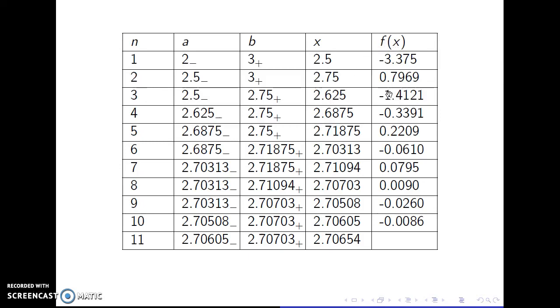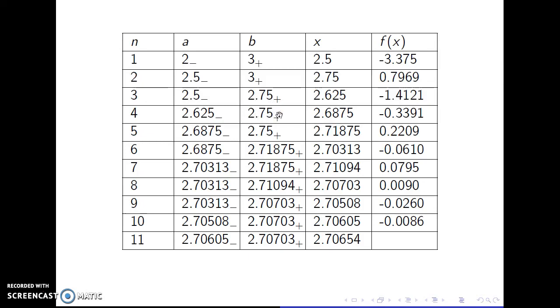Again substitute this x3 in the f of x polynomial. Now we got a minus sign, negative, so this symbol will be given to this x3 value. So with this opposite sign our next interval becomes 2.625 with base minus as a symbol and 2.75 plus as a symbol.